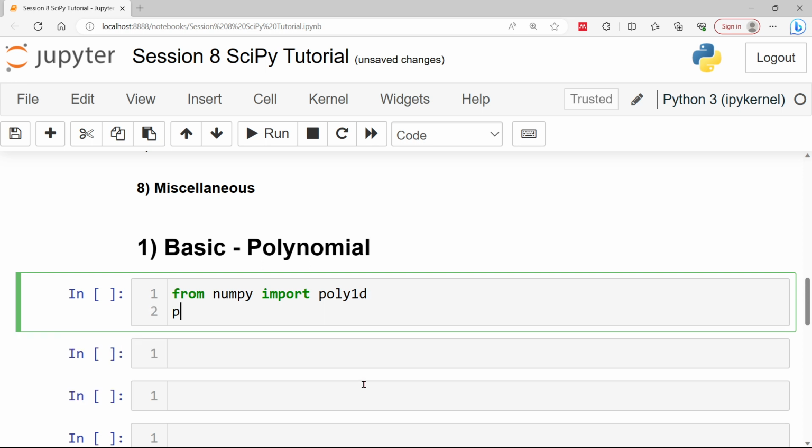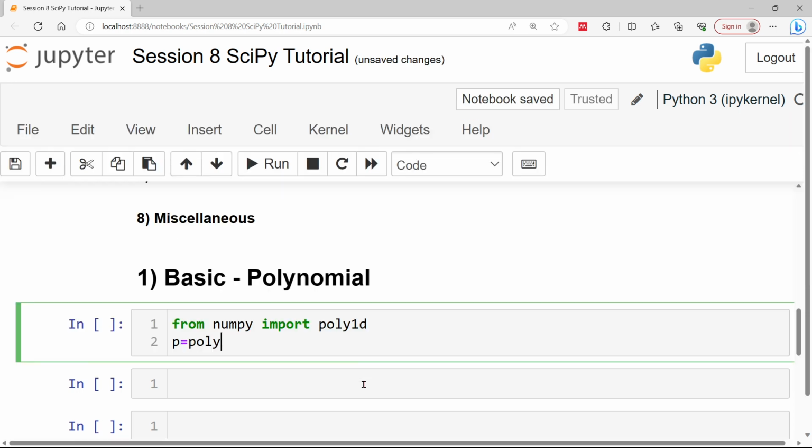We have p as a symbol, and it will hold the entire equation in this single variable, right?